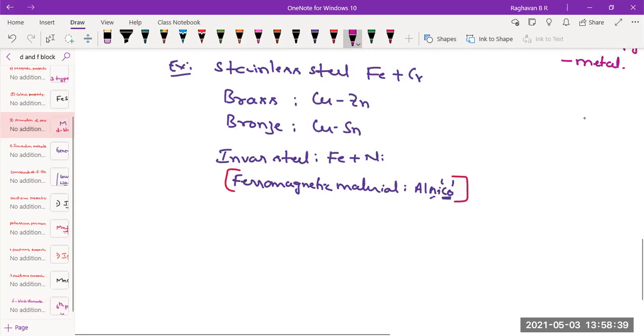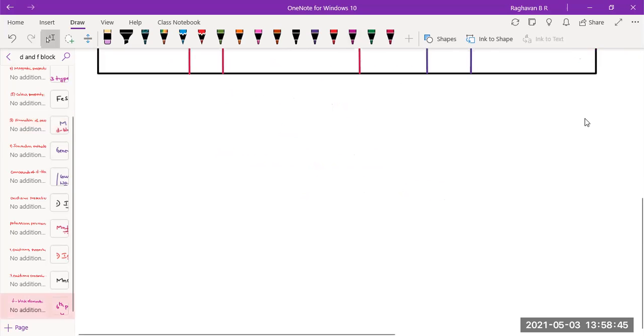Next important property: variation of atomic and ionic radius.